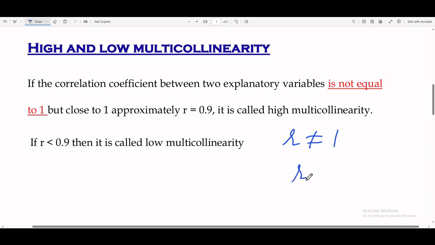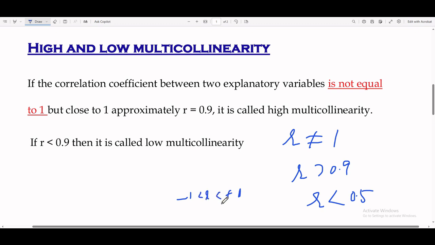If r, the correlation coefficient, is greater than 0.9, there is strong multicollinearity. If r is less than 0.5, there is low multicollinearity. The range of the correlation coefficient is -1 to +1; r lies between -1 and +1.